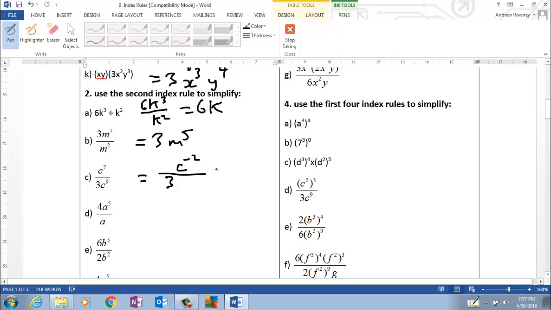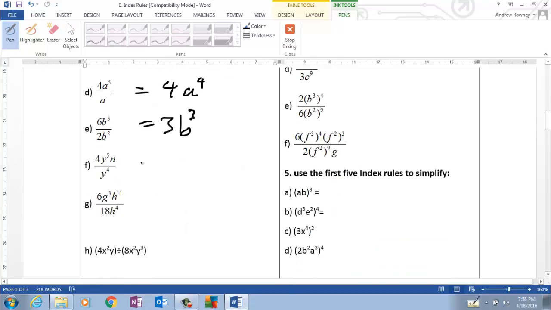You could write that the same way. You could say that's a third c^-2. We're going to learn later what that minus 2 can be replaced with. 4a^5 on a, so that's 4a^4, 5 take 1. This 6 divided by 2 is 3, and 5 take 2 is 3.